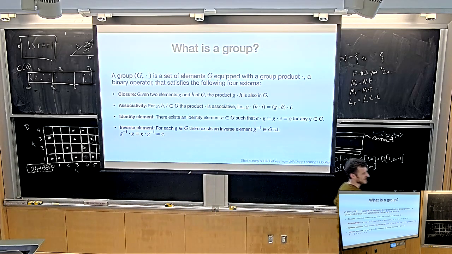There exists an identity element, which basically just means that for rotation matrices, for instance, there's the identity matrix. The identity matrix is the identity element of the group of rotation matrices, right? And there's an inverse element, which means there has to be a way of inverting a given transformation. So you can rotate something this way, and then you can invert it by finding the inverse rotation matrix, right? So these are the properties of a group.